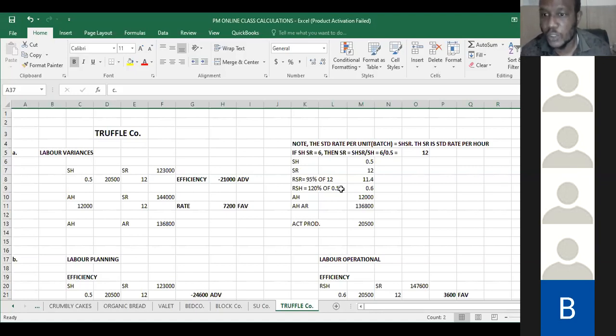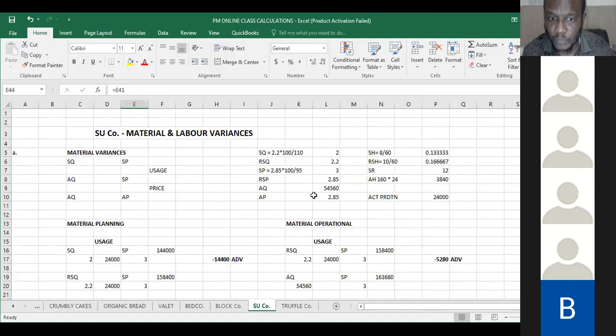In some questions, they will give you the original and tell you there will be an increase of that. Do you understand what I'm saying? Or a decrease of that. The one that was really troublesome was the SUCO, where they gave you the revised standard and expect you to walk back to the standard.